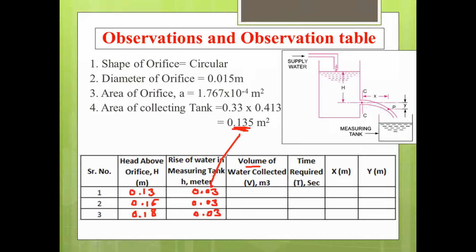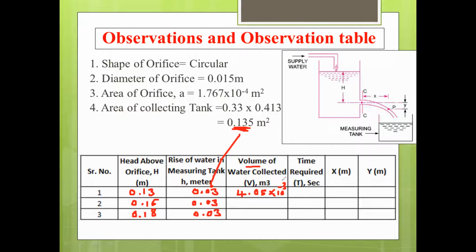0.135 multiplied by 0.03, and you will get the volume as 4.05 into 10 to the power minus 3.